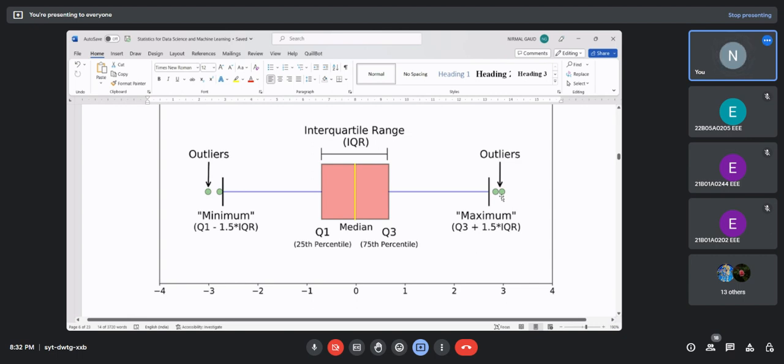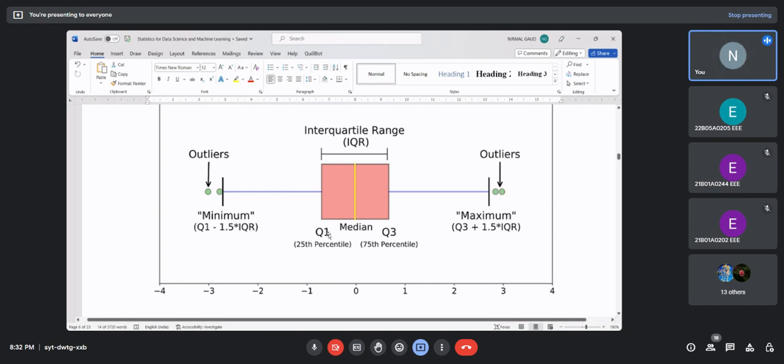Those points which are more than this max value are again called outliers. So this is an outlier, these are also outliers. Outliers are those points which are faulty or wrong entries in the data set, wrongly inserted into the data according to this statistical calculation.